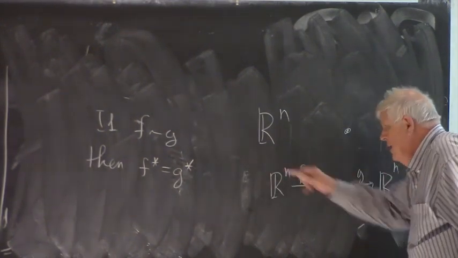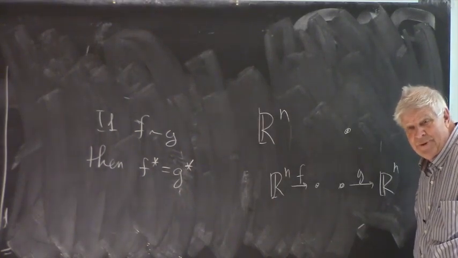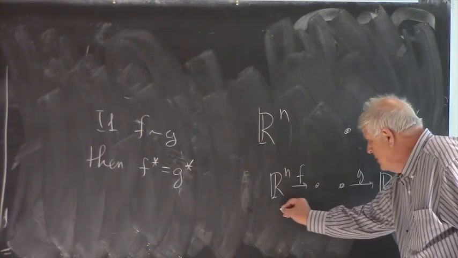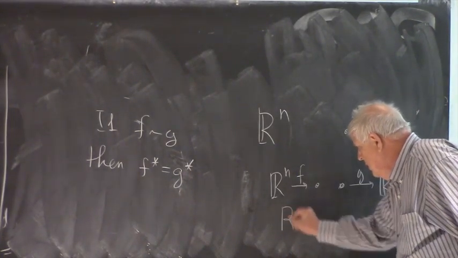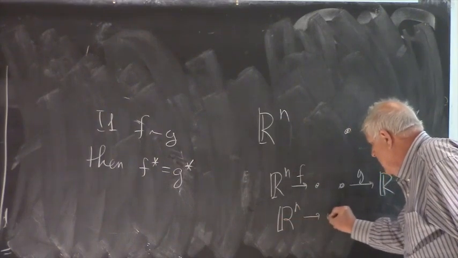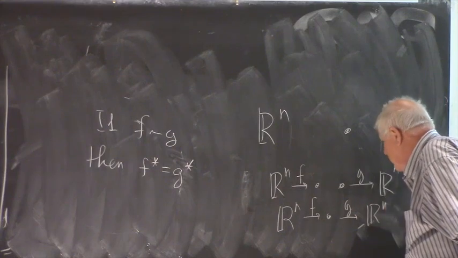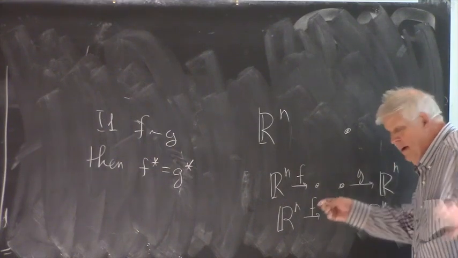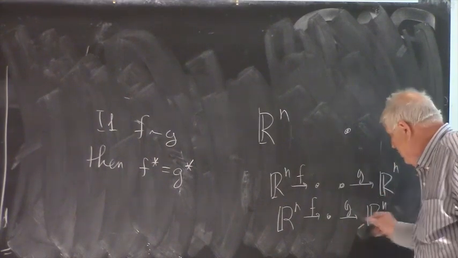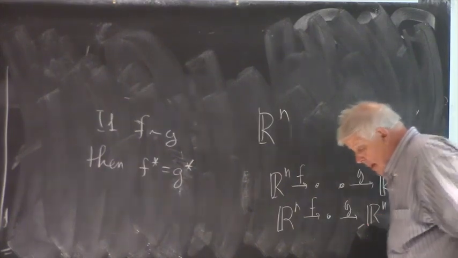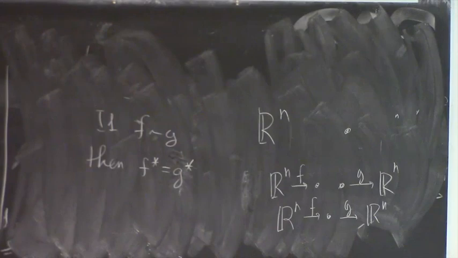I will apply homotopy invariance now to these maps. I now consider the composition of these two maps. Rn is collapsed into one point, and this point then is mapped here. This map certainly is constant, sort of not very interesting, but it is homotopic to the identity.